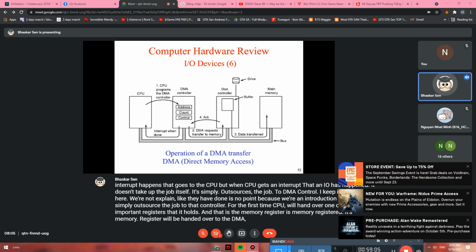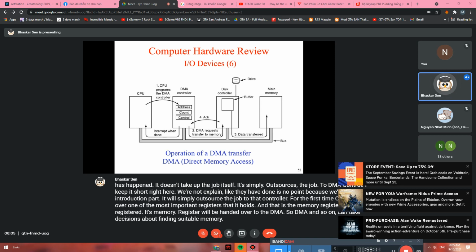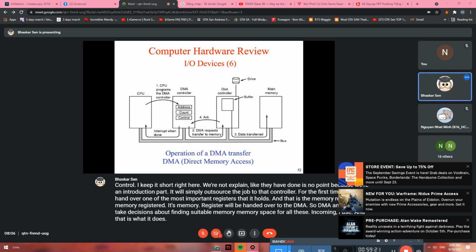So the DMA on its own can take decisions about finding a suitable memory space for all these incoming I/Os. And that is what it does.